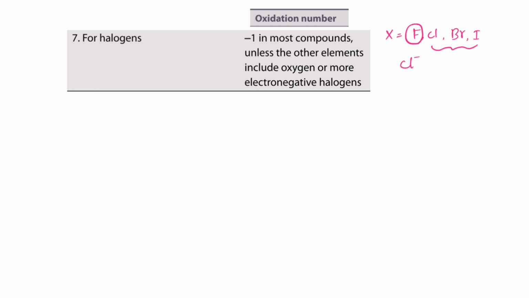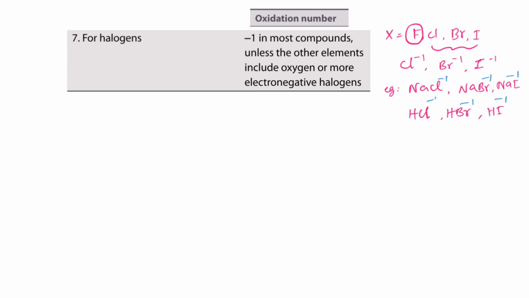Chlorine shows the minus 1 oxidation state, bromine shows the minus 1 oxidation state, and iodine also shows minus 1. Examples are NaCl, NaBr, NaI. Similarly HCl, HBr, HI. In these compounds they show the minus 1 oxidation state.